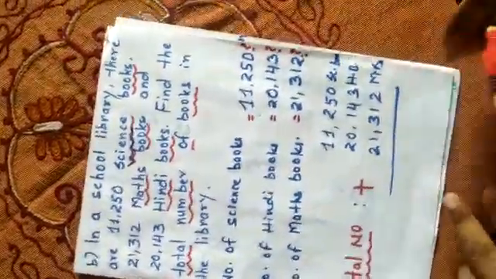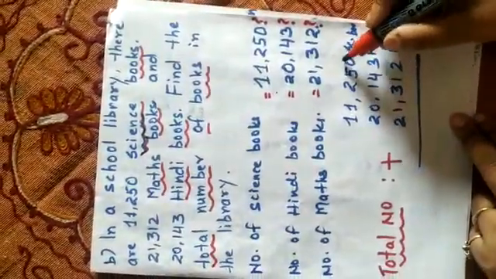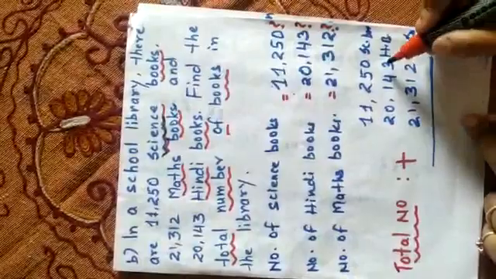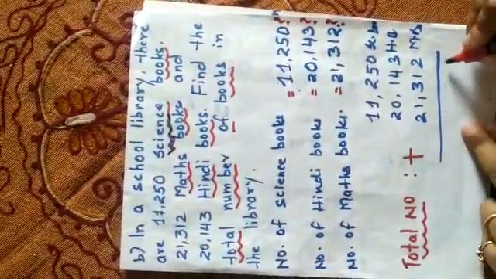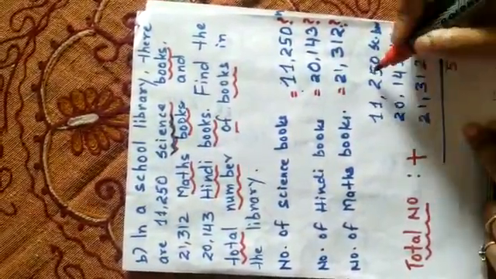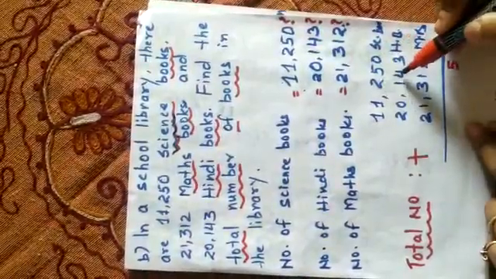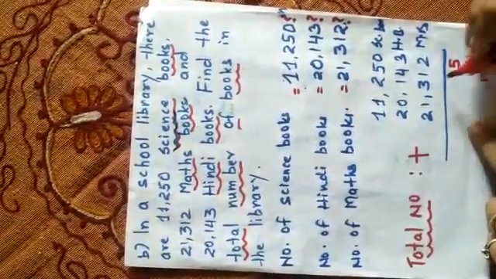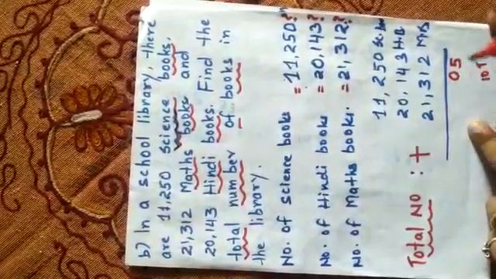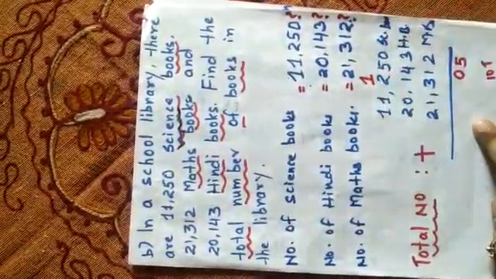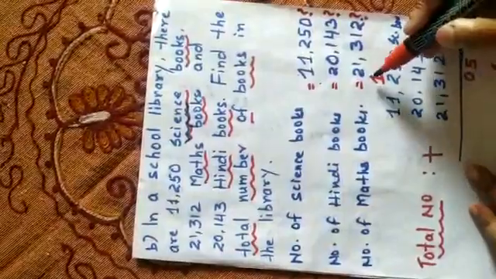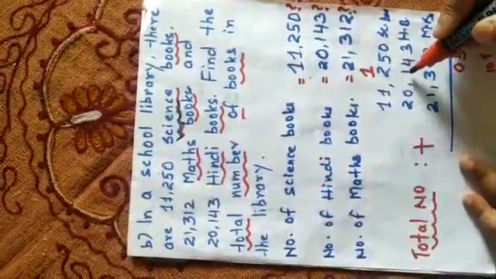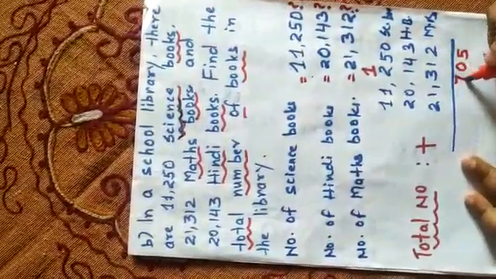According to the rules of addition, let's add from the ones place. 0 ones, 3 ones, 2 ones. 3 ones plus 2 ones is 5 ones. Now come to tens. 5 tens, 4 tens, 1 tens, that makes 10 tens. So here at the tens place it will be 0 and the hundreds place will get 1 carried over. So adding hundreds, 100 plus 200, 300 plus 1, 400 plus 3, 700.